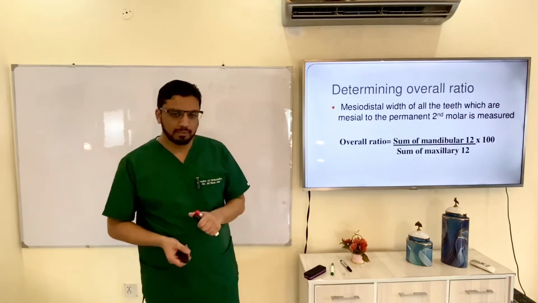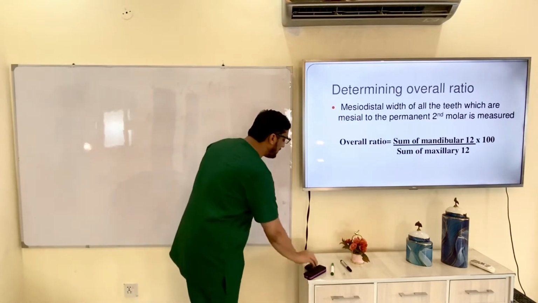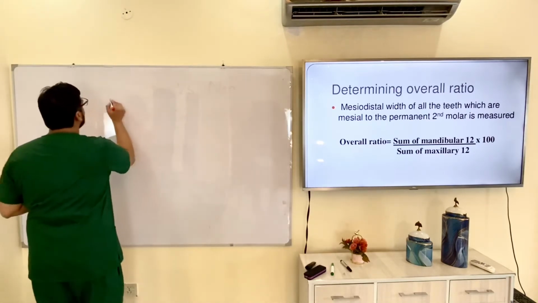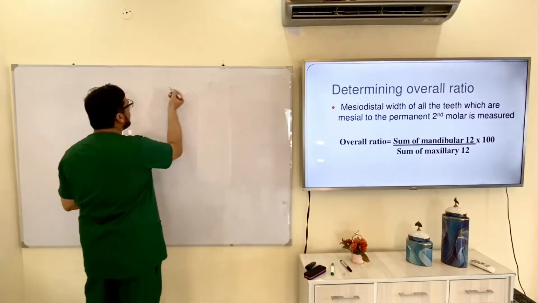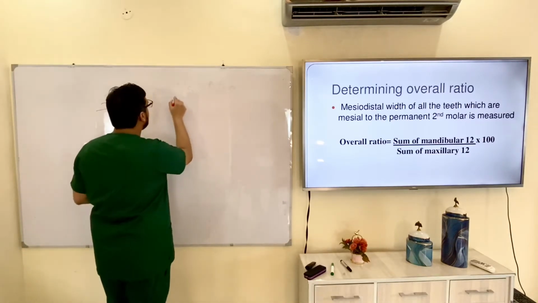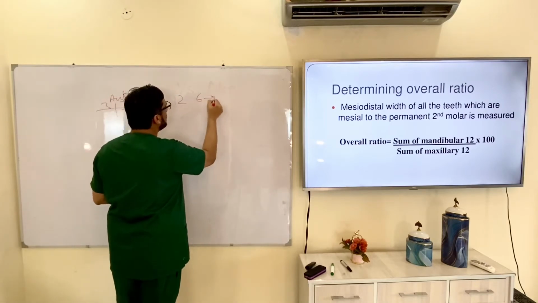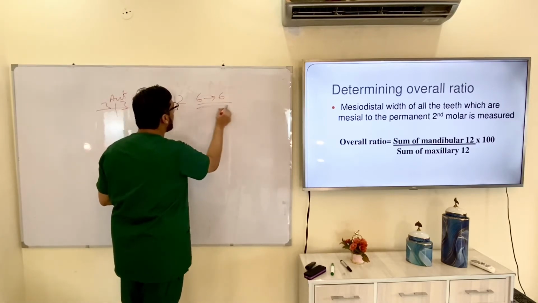So how do we do the Bolton discrepancy? The Bolton discrepancy is divided into two parts, anterior and posterior. Anterior means we are concerned with canine to canine, and for the whole dentition, the 12 teeth from 6 to 6 are measured.